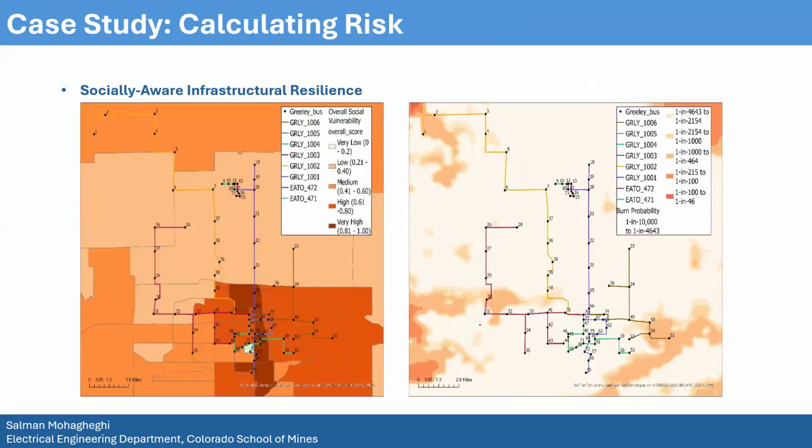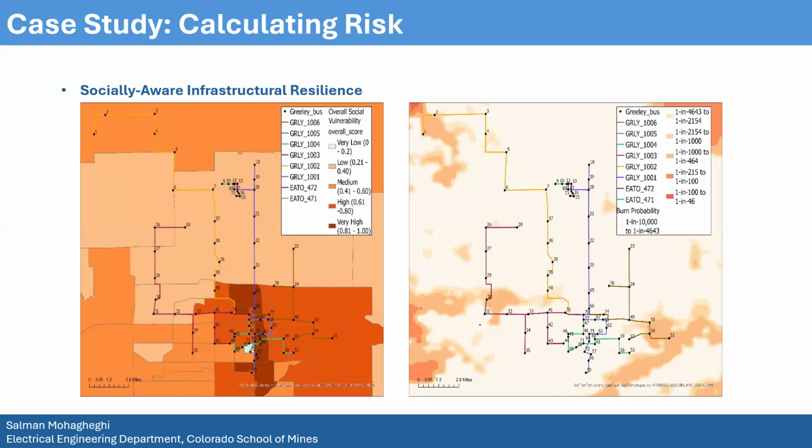To give you one example, this is a study that we did for the city of Greeley. I don't want to get into the details of the analysis that we did, just to show you that hierarchical model. On the left side, you see the map of the city of Greeley, the power distribution system with the different nodes, which is overlaid on the map of social vulnerabilities.